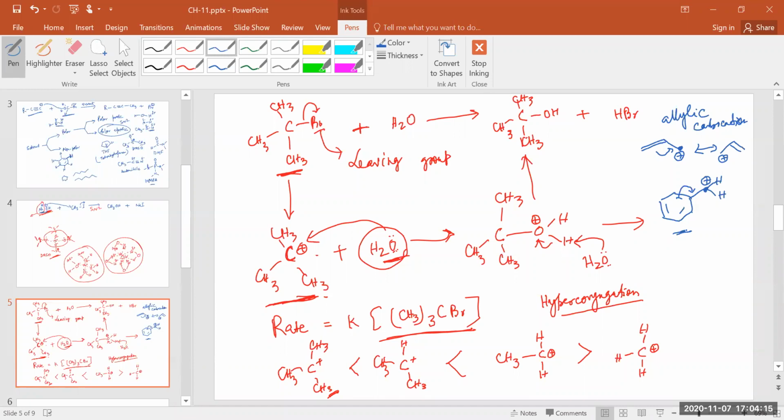Allylic and benzylic carbocations are almost as stable as secondary, because they are stabilized by resonance.